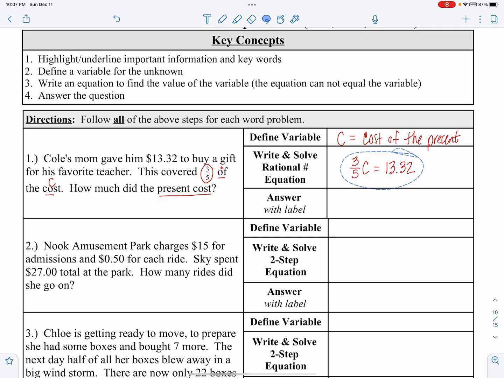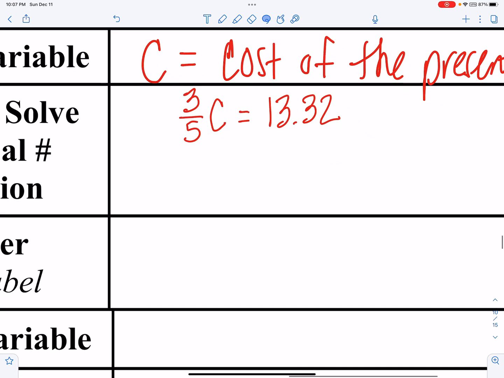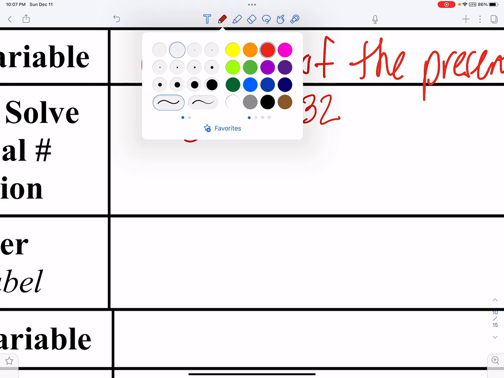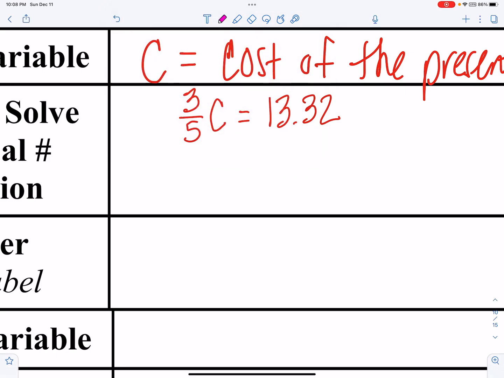Okay, now we can go ahead and solve this problem. So I'm going to move it up to the top a little bit and maybe actually shrink it up some. And now we can zoom in. So now we're going to follow our normal procedures that we would do to solve for a variable. And so I see 3/5 times C. So we'll go ahead and divide 3/5 by both sides, but we know we don't do that with fractions.